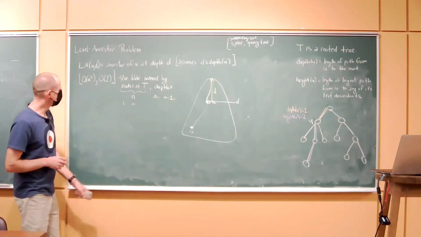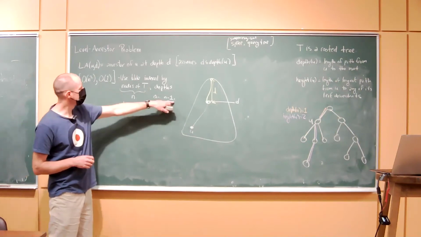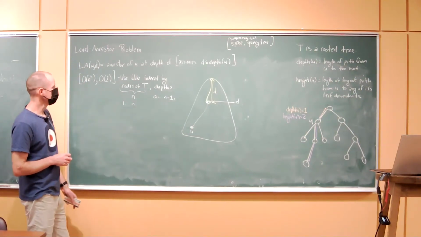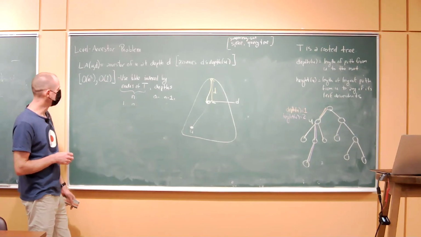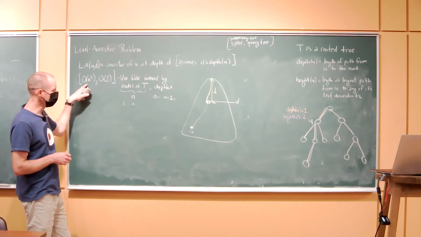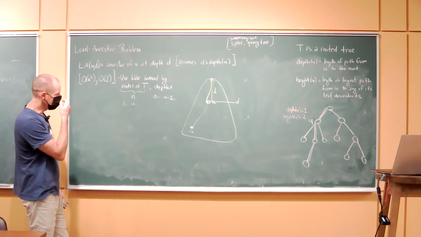All right, so that's n nodes of T and n possible values for the depth. That's an n by n table, so it's going to have space n squared.